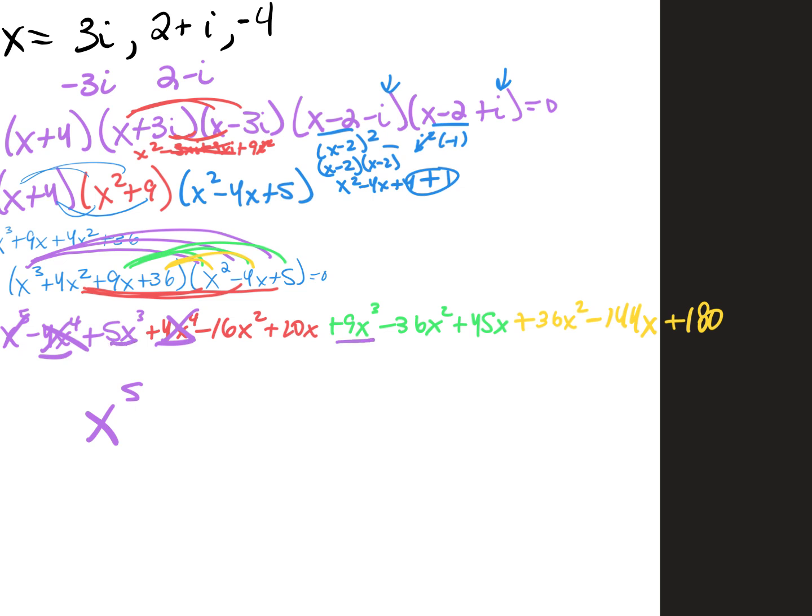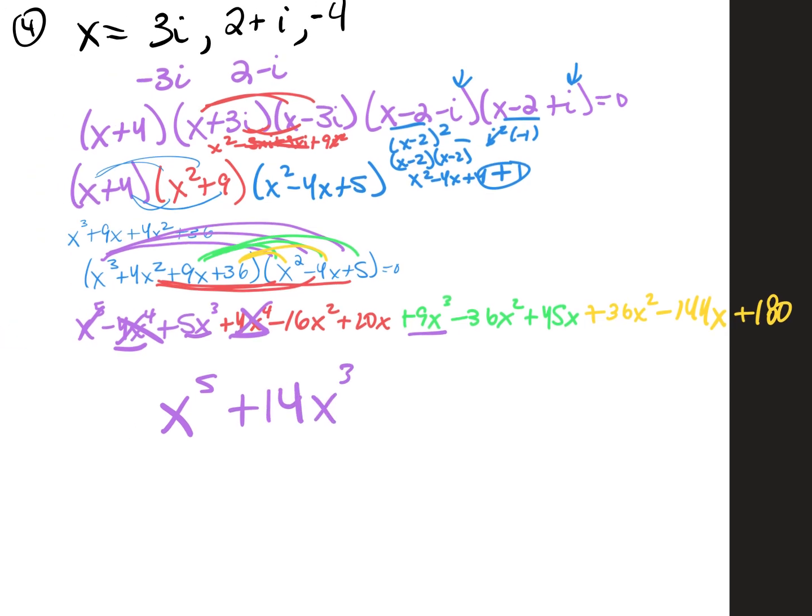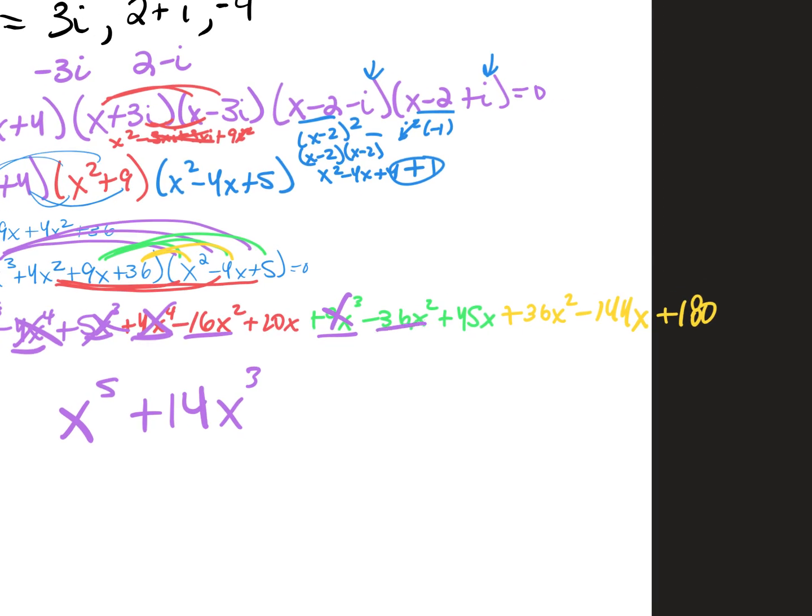That's 14, so plus 14x cubed. Negative 16x squared and a negative 36x squared and a positive 36x squared. Well, that'll cancel, so I have minus 16x squared.